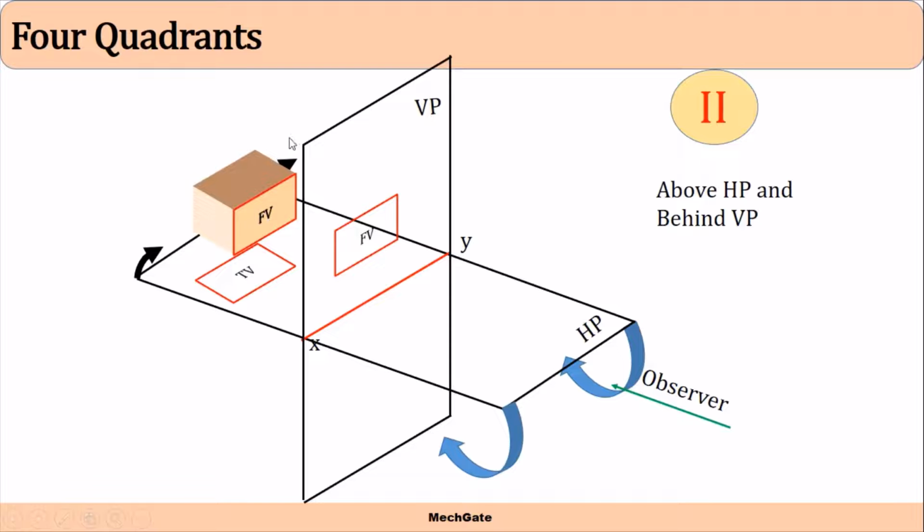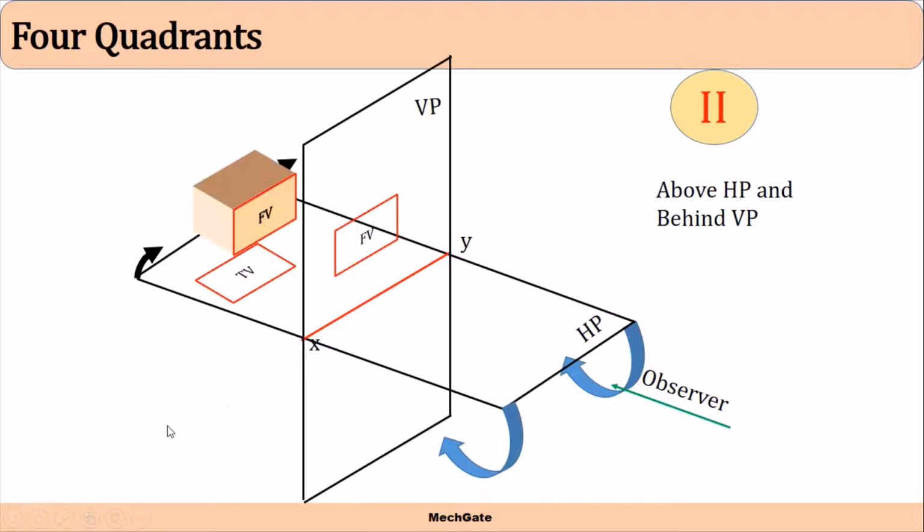Now let's say the object is kept in the second quadrant. Again the observer is observing from this side, so this face would be the front view and this would be the top view from the top. The front view will be projected on the vertical plane and the top view on the horizontal plane. Again we have to rotate the horizontal plane in such a way that the first quadrant and third quadrant open up.